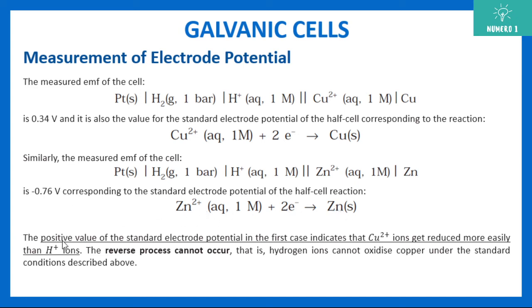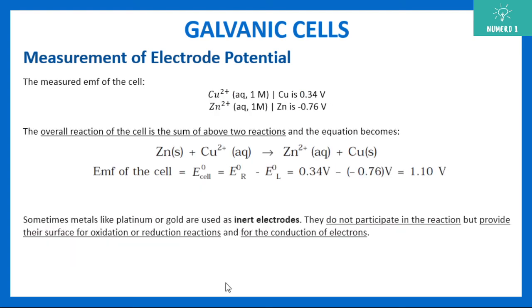The positive standard electrode potential in the first case indicates that Cu2 plus ions get reduced more easily than H plus ions. The reverse cannot occur: hydrogen ions cannot oxidize copper under standard conditions, meaning 1 bar of pressure and 1 molar concentration.